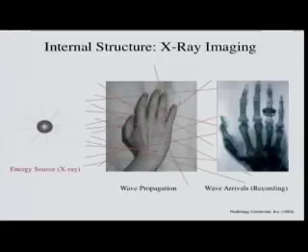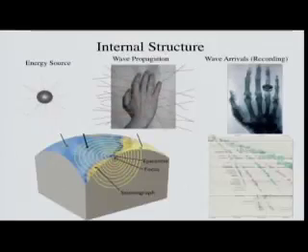Now, this is a picture from one of the earliest Röntgen pictures, but what you can see is you can see the inside by analyzing these particles or waves that have interacted with your object. We're going to do exactly the same thing, but we're going to change slightly. In terms of having a source of energy, instead of having an X-ray source here, we're going to have earthquakes as the energy source.